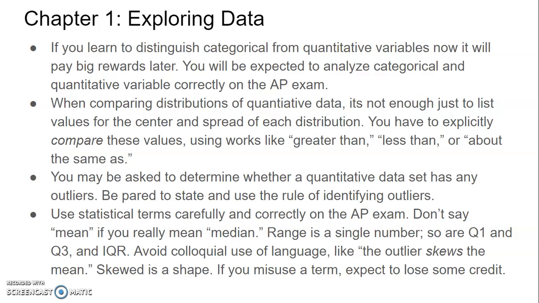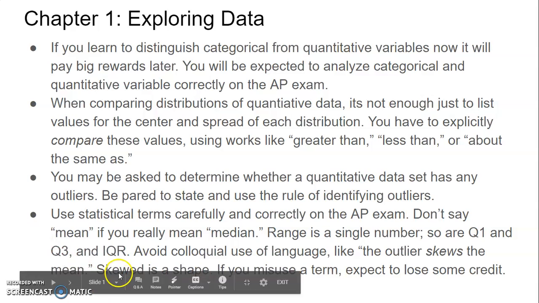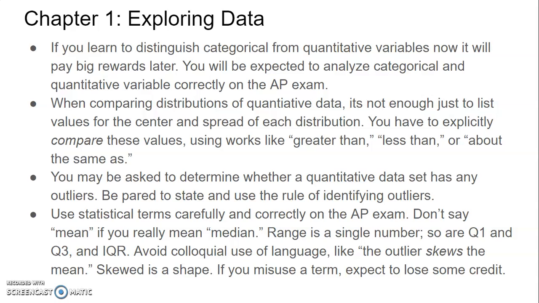Then there are quartile 1, quartile 3, and the interquartile range. And there are statements here that say skewed is a shape, so you always talk about the shape being skewed. Outliers would pull the mean in one direction.